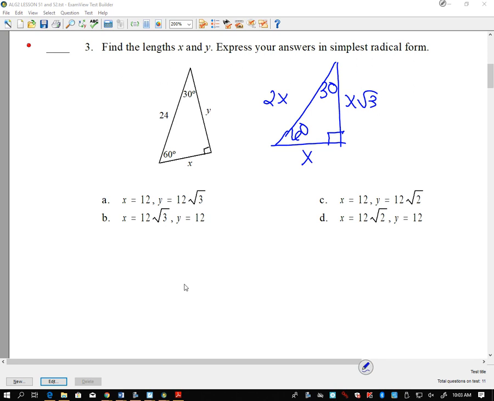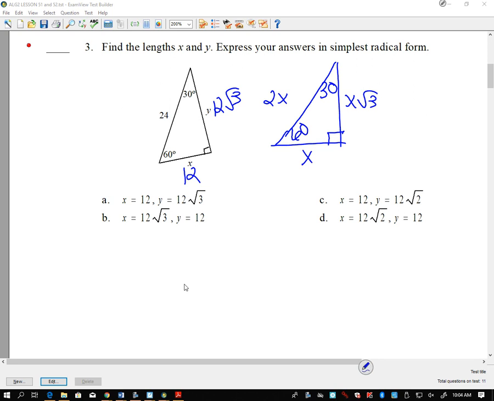Because over here, if I take 2x divided by 2, I'm just going to get x. So if I come over here, I'm going to take 24 and divide it by 2, and get 12. Once I know 12, what do I do to get the side that's opposite of 60? 12 times radical 3. So you see how that works?